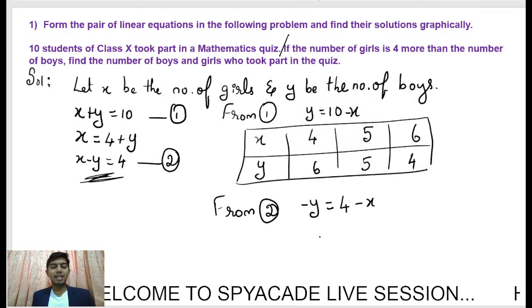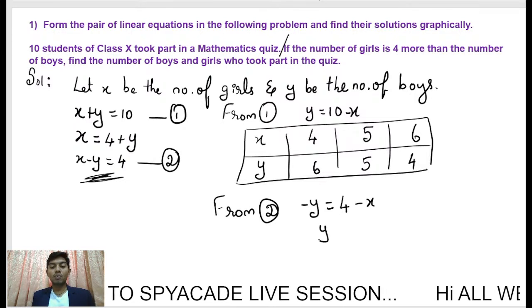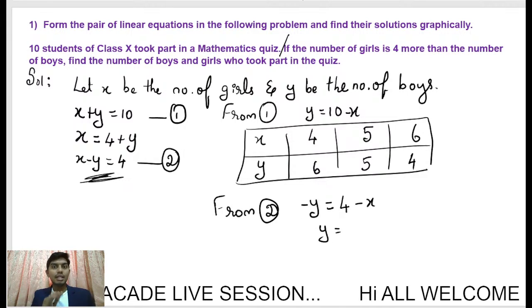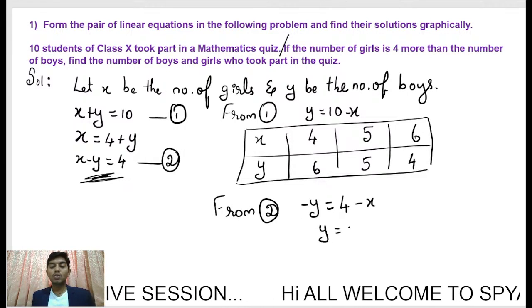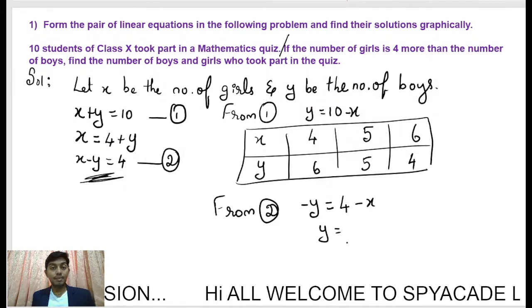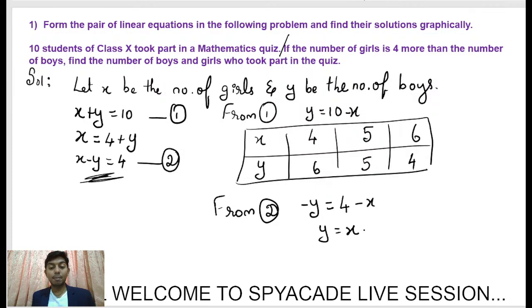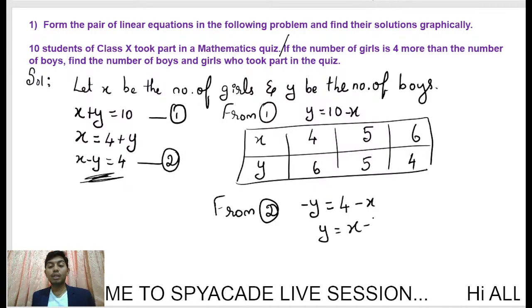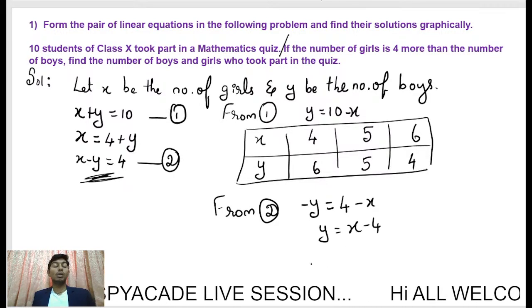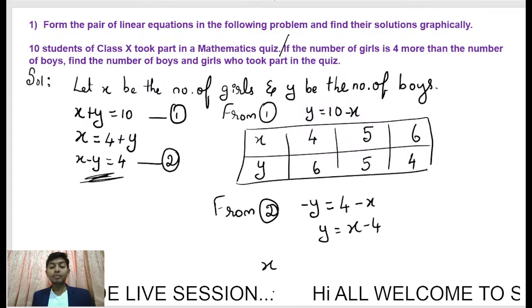Okay, so minus y is equal to 4 minus x. So y is equal to, this minus sign I am taking to the other side. So what will happen? Both the term signs will get changed, which means minus x will become plus x, and then plus 4 will become minus 4. y is equal to x minus 4.